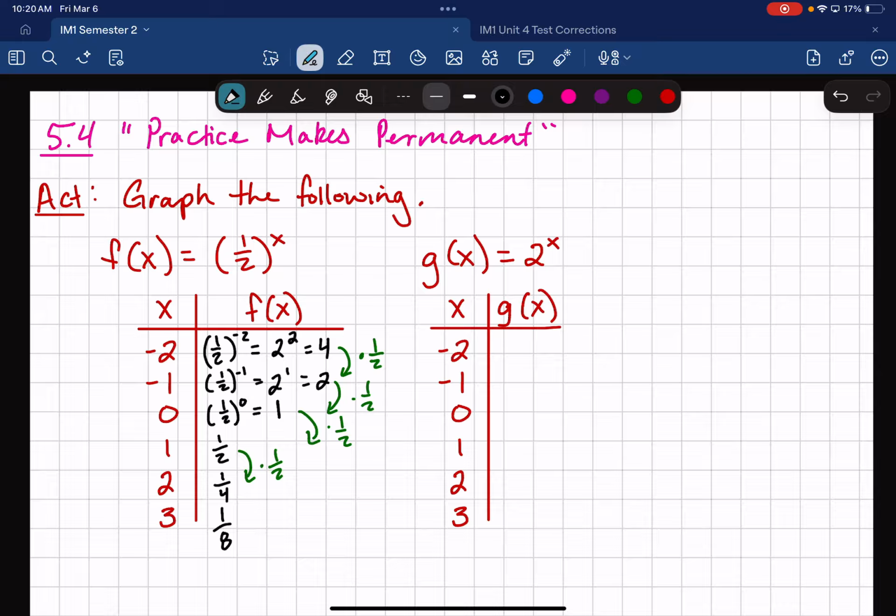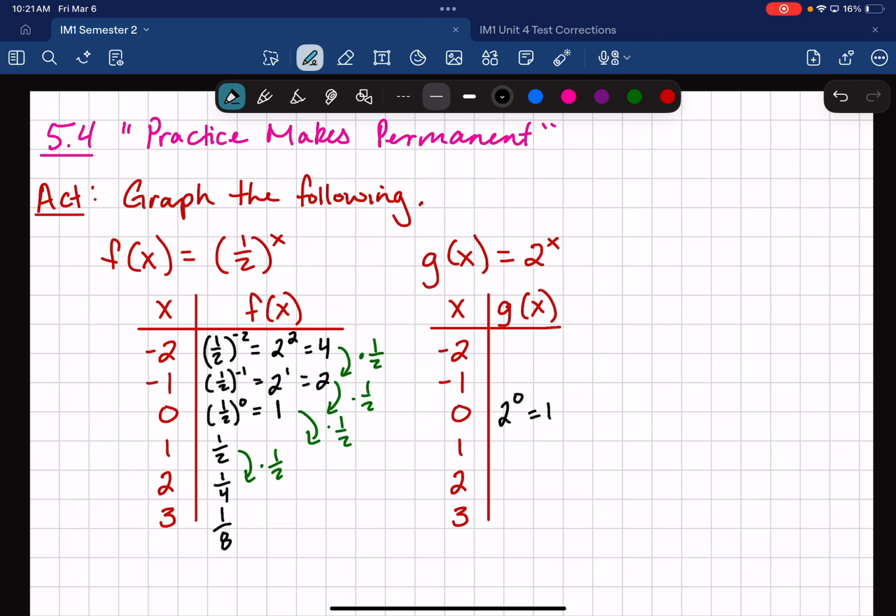All right, what is the easiest number for me to get a value for? If you have to choose one, 0 is the easiest. Because what is 2 to the 0 power? It's 1 every single time.